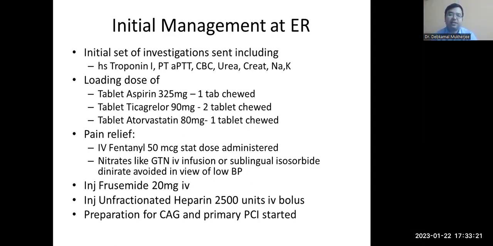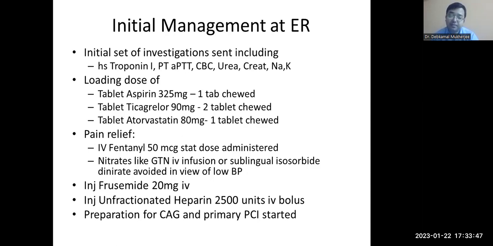And since this patient was having a STEMI and he was planned for a percutaneous coronary intervention, we loaded the patient with ticagrelor 180 milligrams. And along with that, we gave him atorvastatin 80 milligrams. And for pain relief, the patient was given 50 mics of fentanyl.